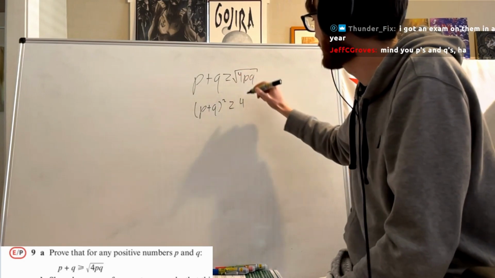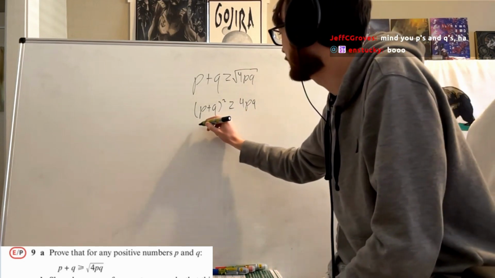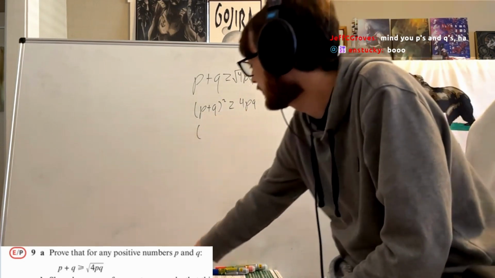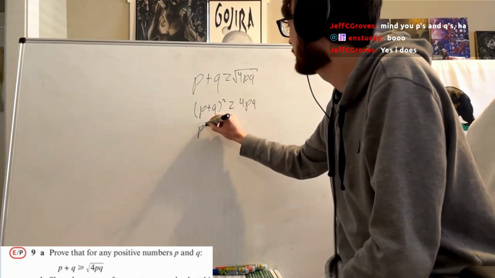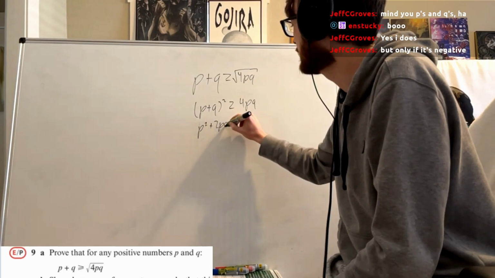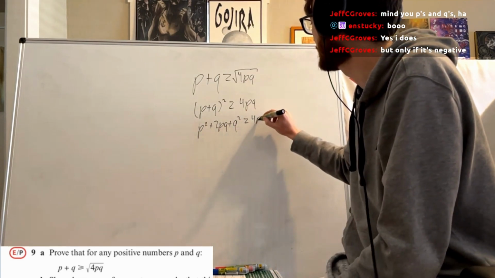And then the squared square root goes away. Multiply out the parentheses: p squared plus 2pq plus q squared is greater than or equal to 4pq.